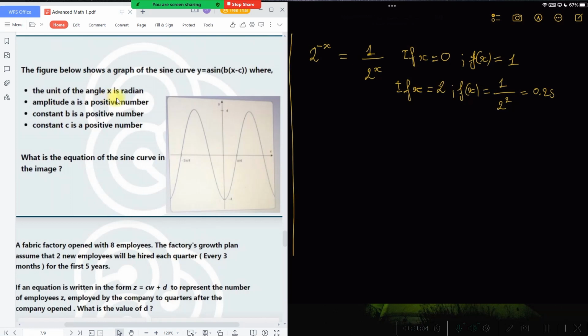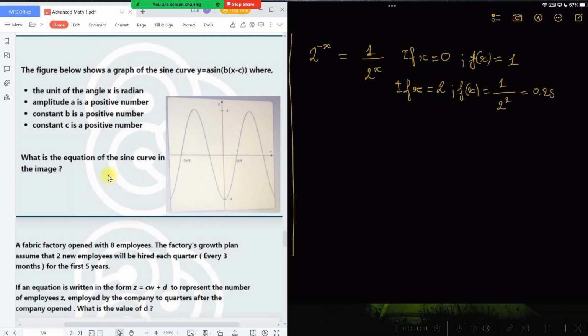For example, this one is minus 3 pi divided by 4. Amplitude A is a positive number. Constant B is a positive number, constant C is a positive number.